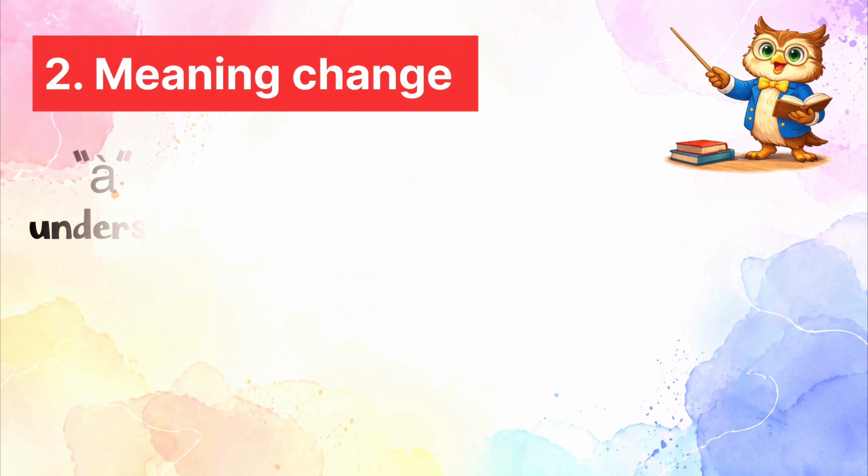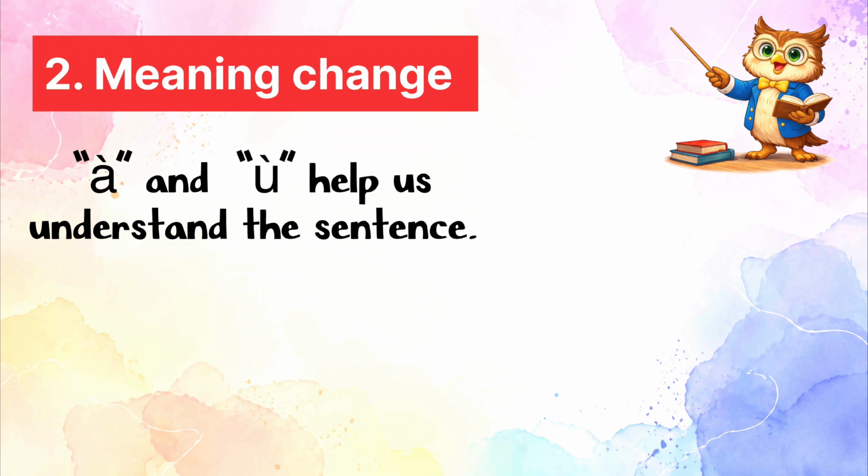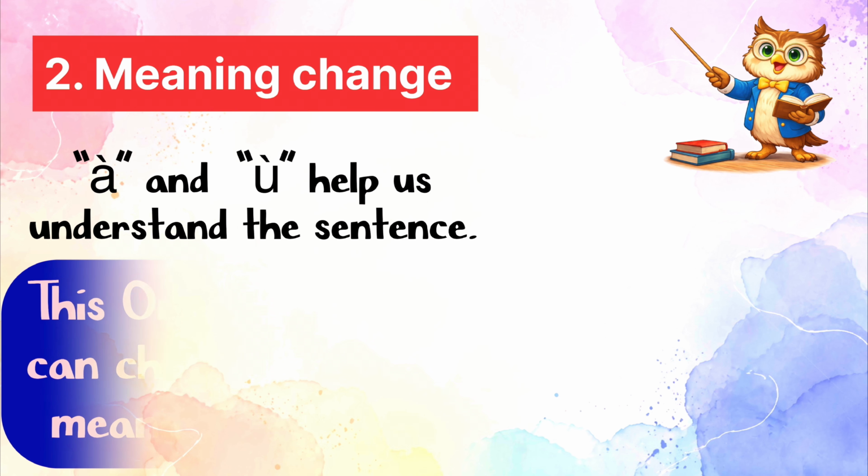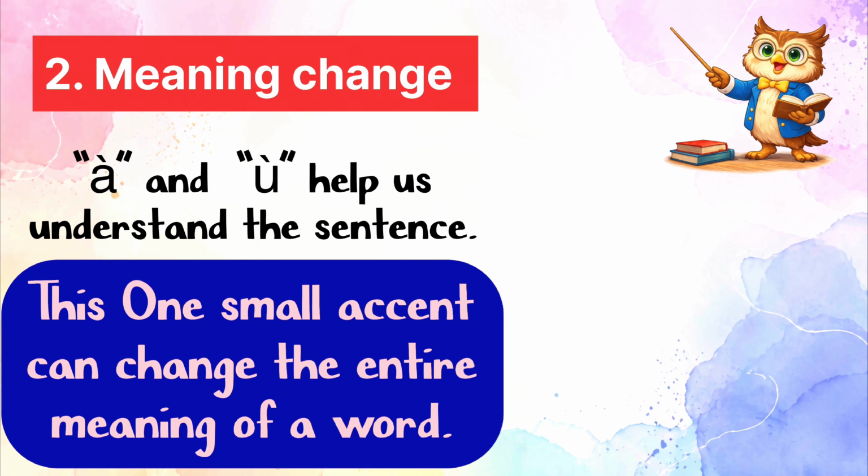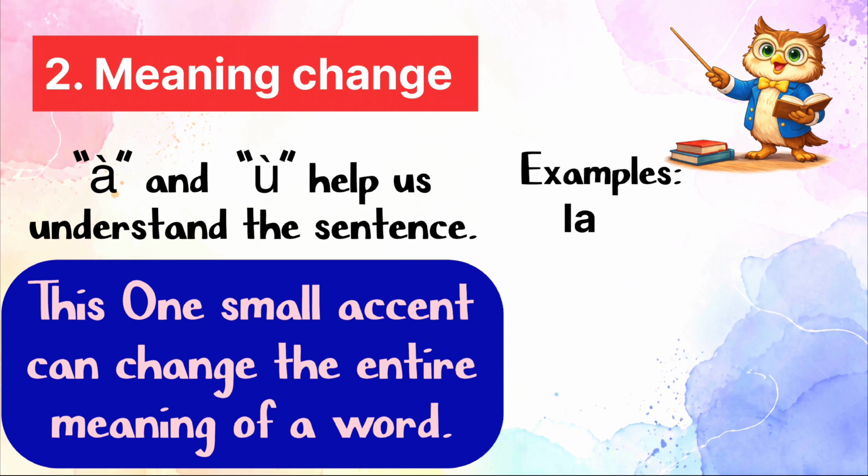When we use the accent grave on A and U, they become A and U. These vowels help us understand the meaning of a sentence. One small accent can change the entire meaning of a word. Examples: la means the in English.